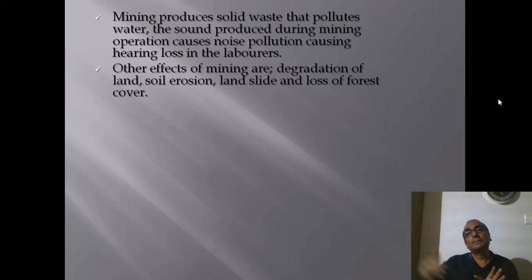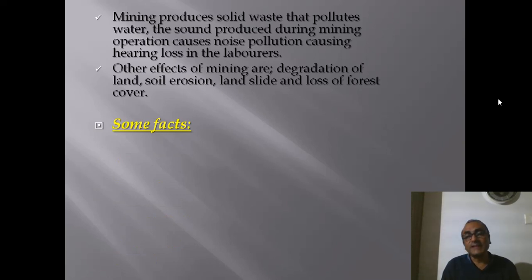Sometimes, if it is at the foothills, it badly affects the health of the mountain. When it rains heavily, there will be landsliding: a huge mass of rubble and land slips down from the mountain, causing a disaster. So landsliding is one of the bad effects of mining.